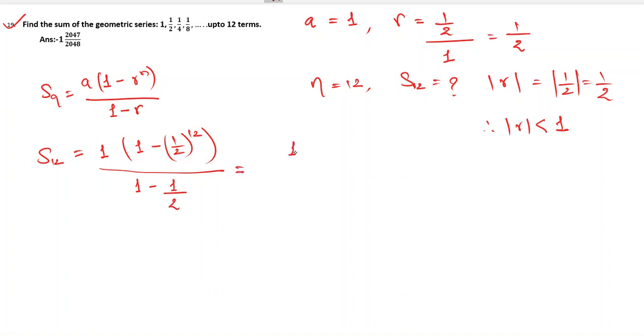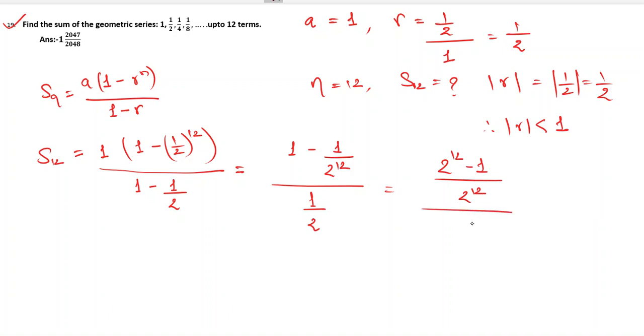This will become 1 minus 1 by 2 raised to 12 upon 1 minus 1 by 2, which is nothing but 1 by 2. So it will be 2 raised to 12 minus 1, the whole upon 2 raised to 12, the whole upon 1 by 2. Okay, 2 raised to 12 comes down and this 2 goes up.